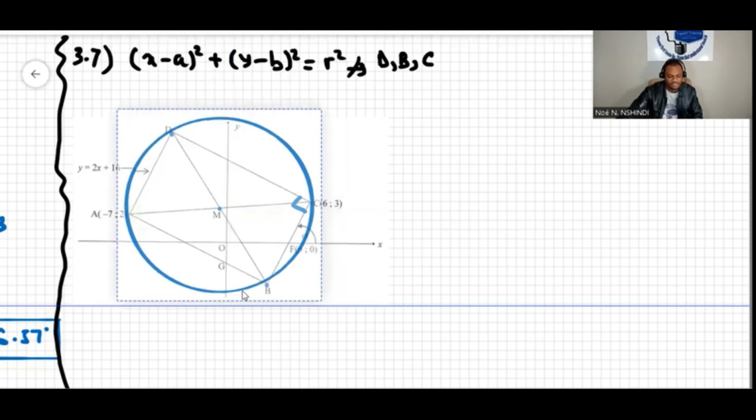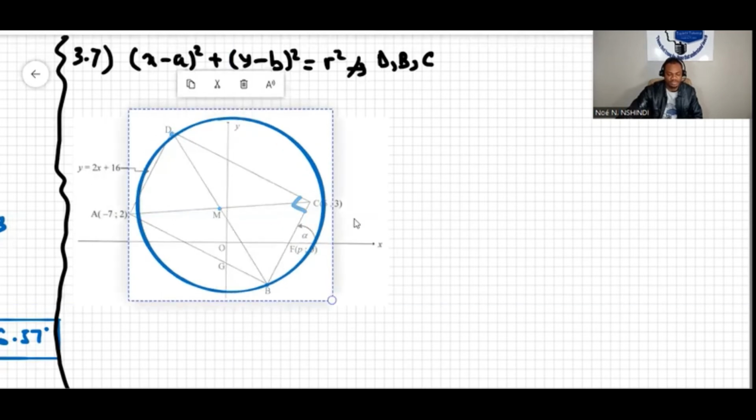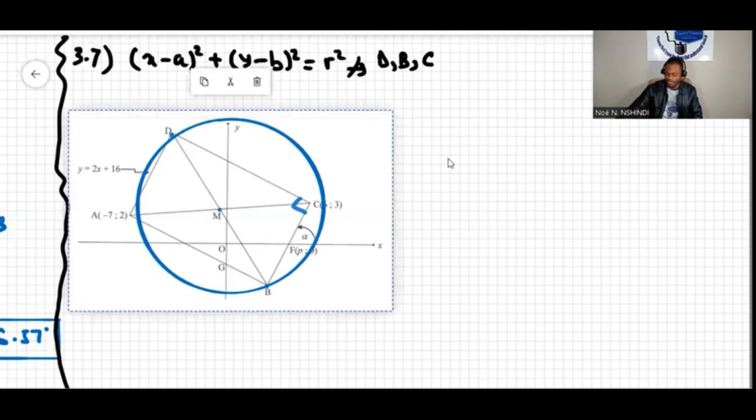So D and B are points on the circle, and BD makes the diagonal, because M must be the center, because this is a 90 degree angle. Remember the property, the theorem, about the angle subtended here. So approximately my diagram is like that. I don't have to be accurate there.